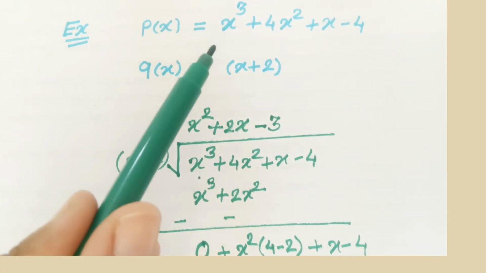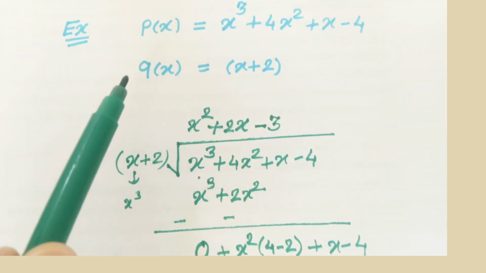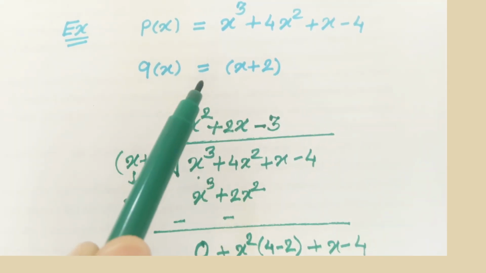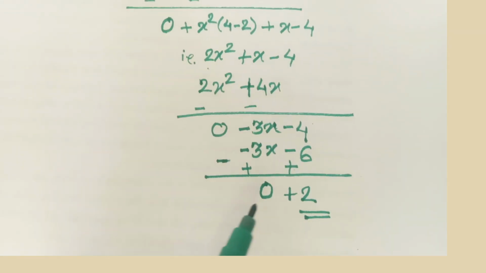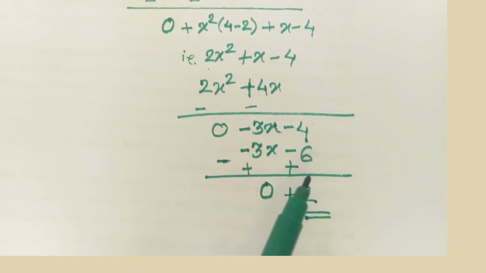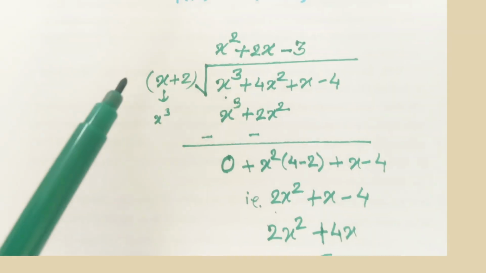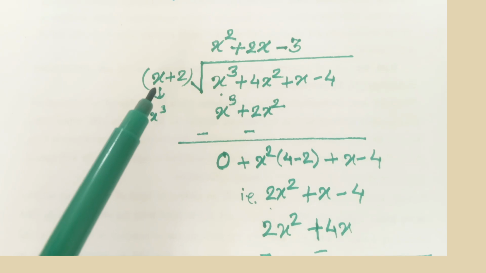Here the dividend polynomial is p of x, we can write it in the form of the divisor polynomial, that is q of x, and also we take the remainder. That formula is dividend equals divisor into quotient plus remainder.